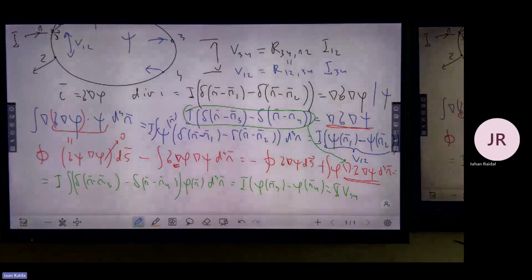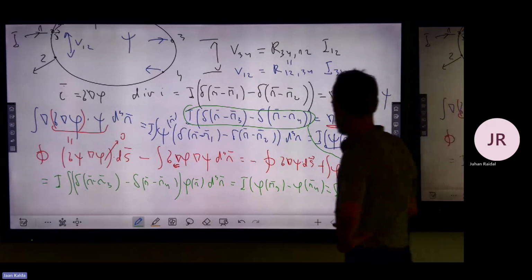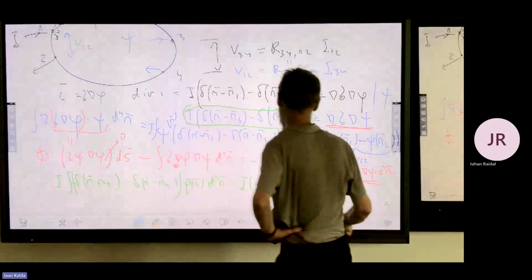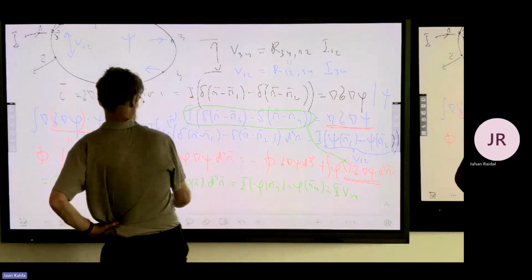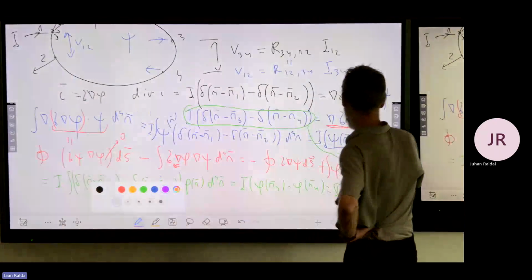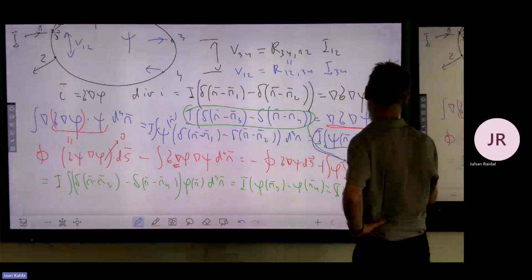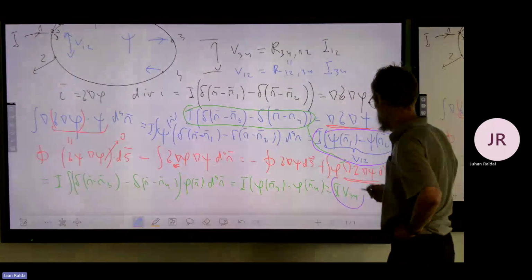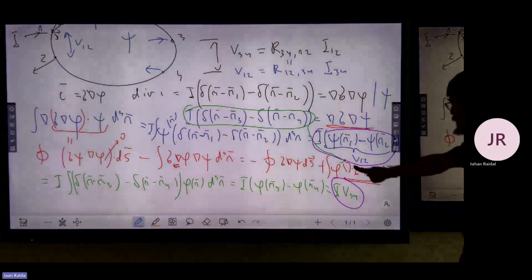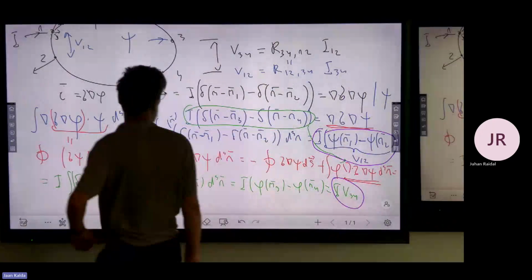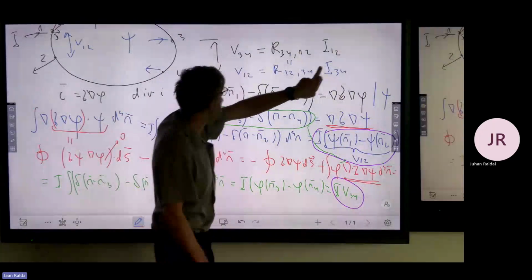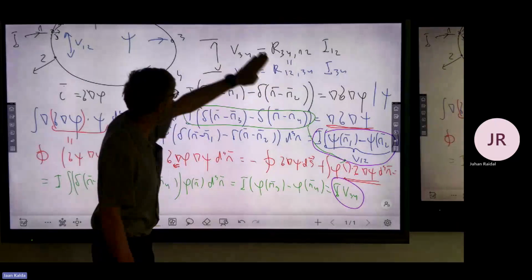And so now, bringing things together, we have this here equal to that one here. So I is the same, V12 is V34 if they are the same. If this is equal to that, these are equal.